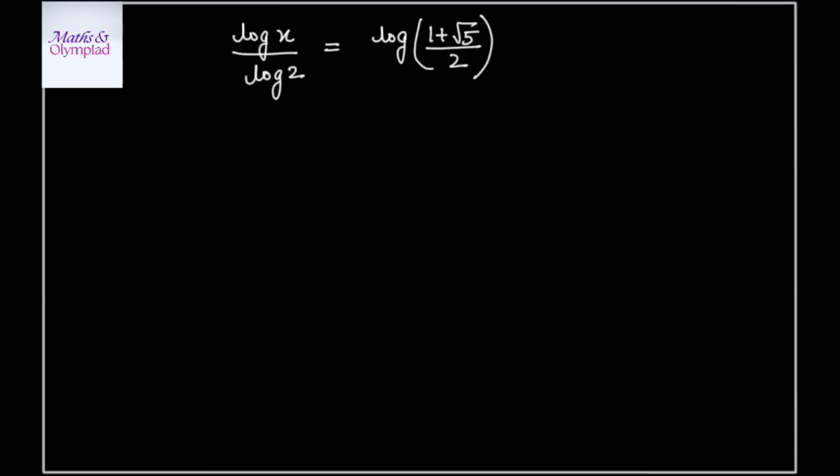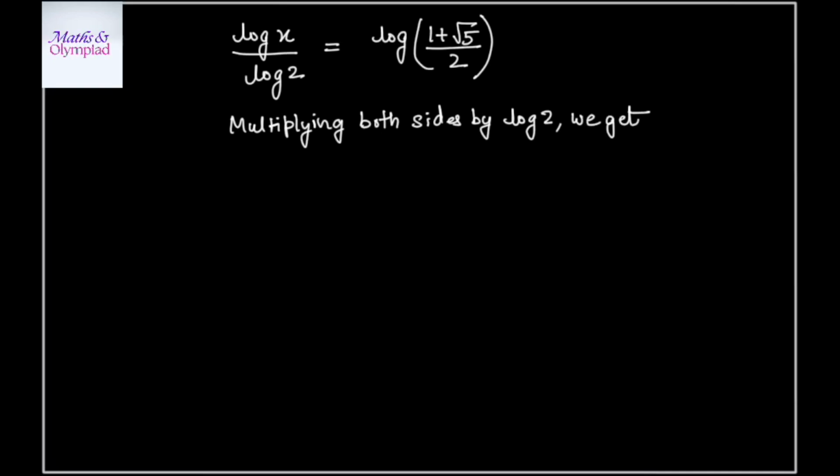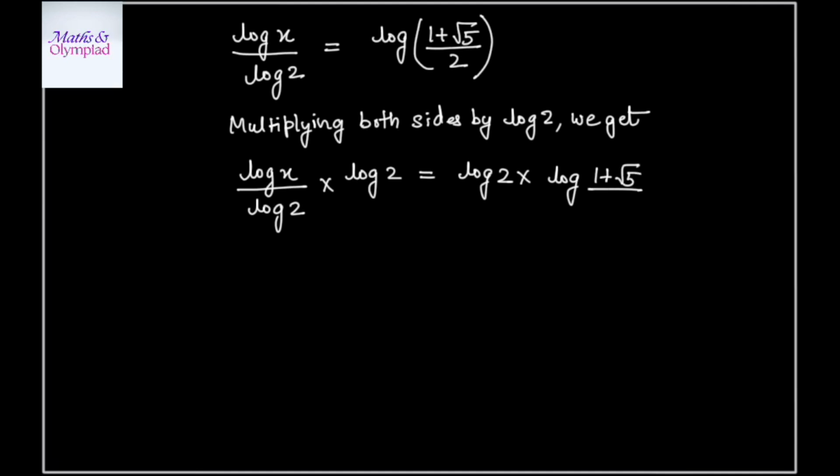Now I will multiply both sides by log 2. Now log 2 will get cancelled out with log 2.